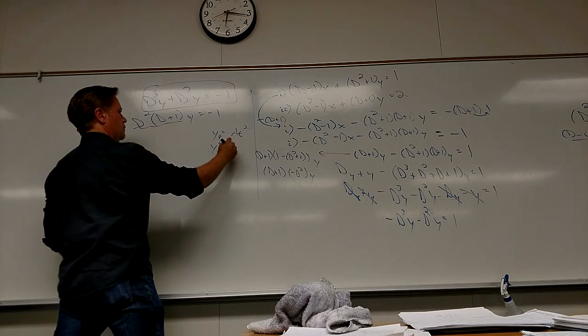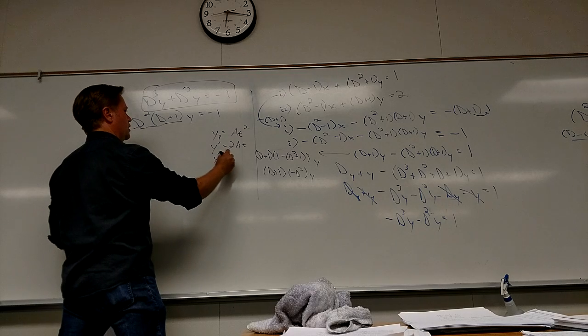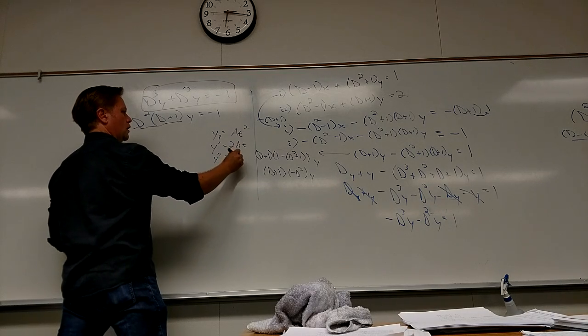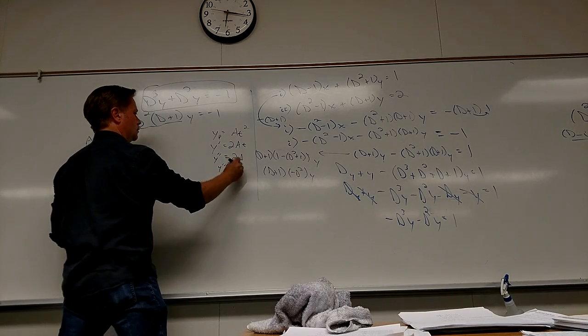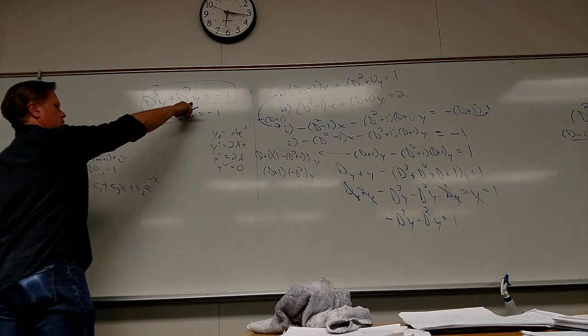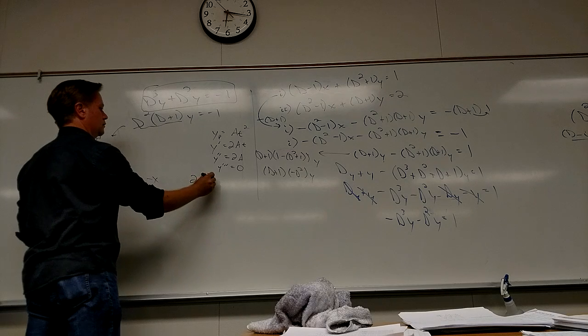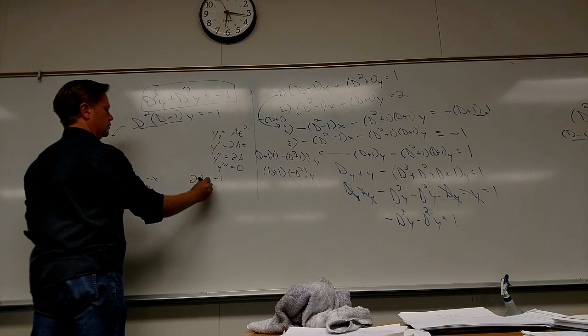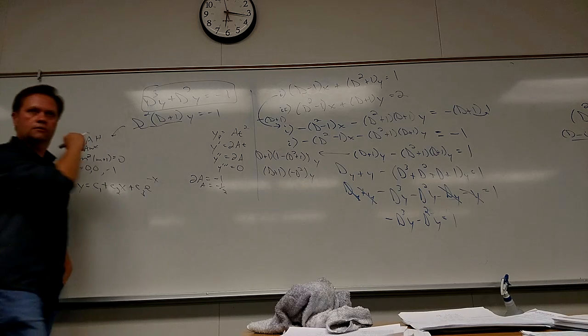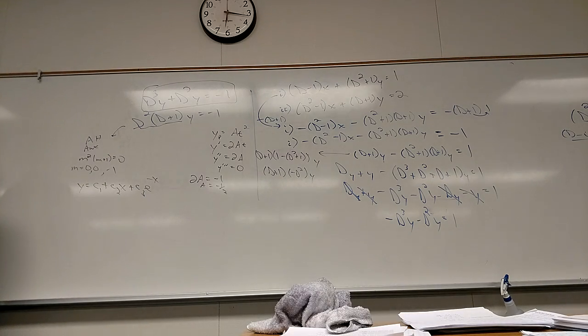So y prime, 2at, y double prime, 2a, y triple prime, 0. So then you just get 2a equals -1, so a is 1/2. Okay. Are you guys appropriately tired by now? I am.